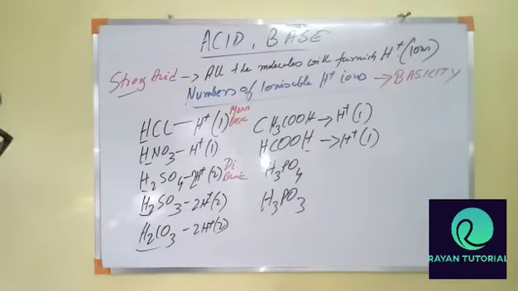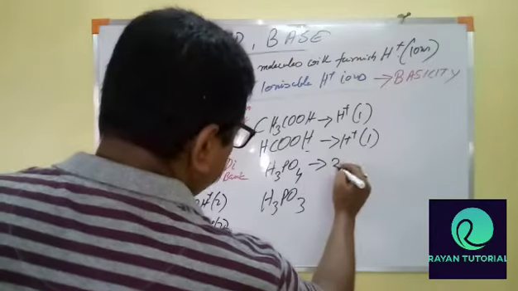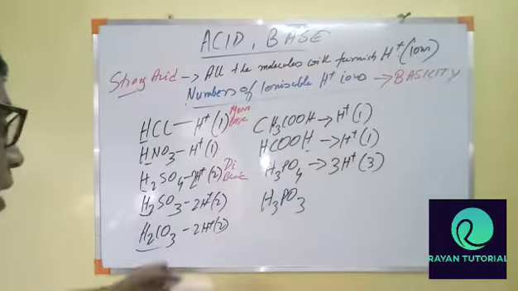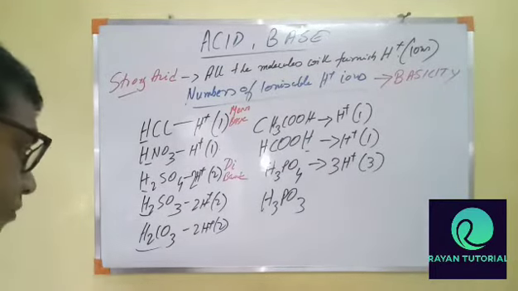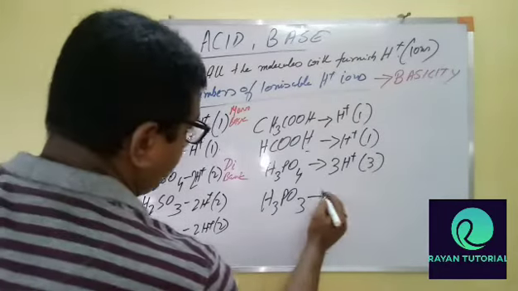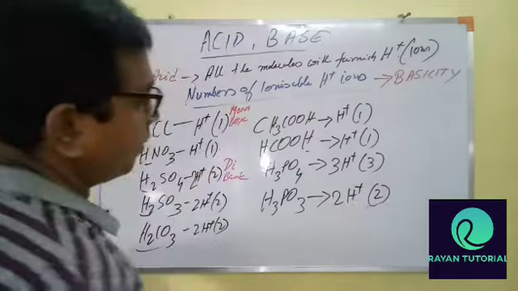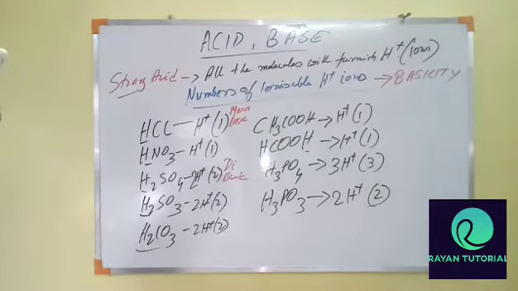H3PO4: how many hydrogens? 3. Okay, this is right, 3 hydrogens, this is tribasic. But here H3PO3, we cannot write 3, here it will be 2, because it is dibasic.